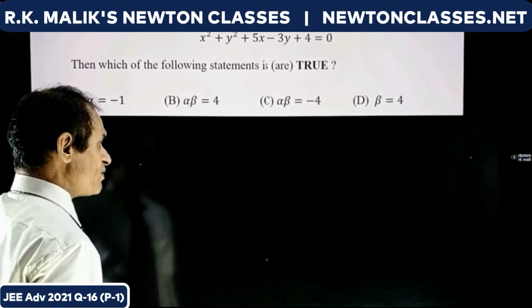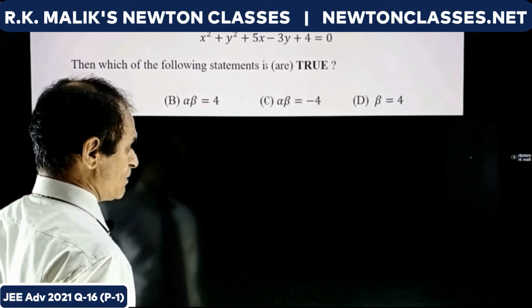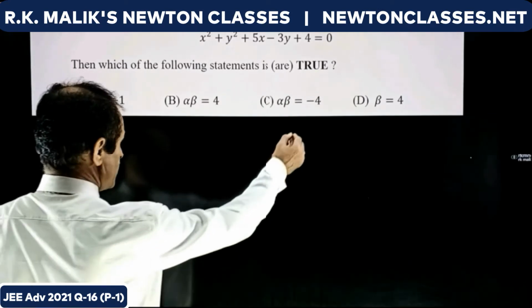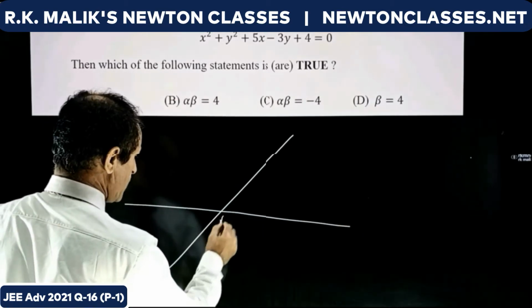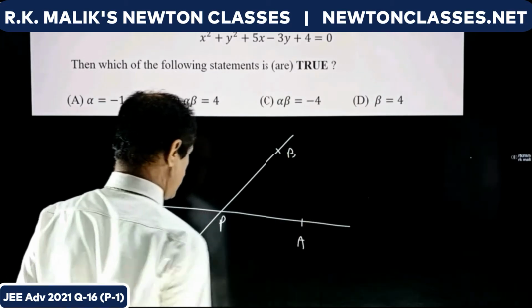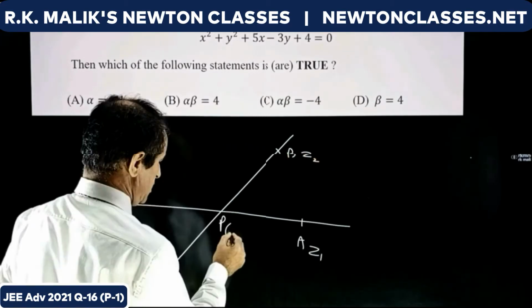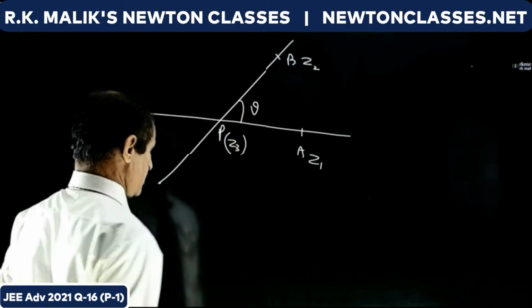Before solving this question, first I will tell you a very important concept which I am going to use in this question. Suppose these are the two lines, and this is the point P, this is the point A, and this is the point B, with affixes z1, z2 and z3, and suppose we have to find this angle.